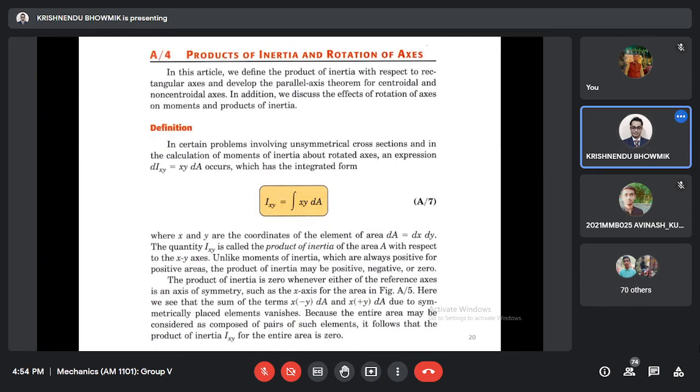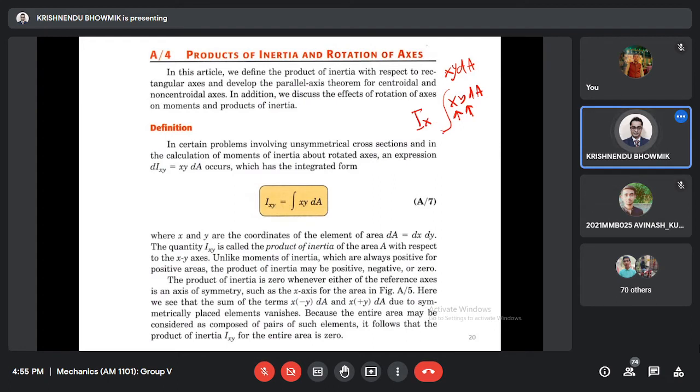Say for example, I have cross section A. Take one moment with respect to x-axis, and the second time take another moment with respect to y-axis. So when you are taking x-axis, you are getting y. With respect to y-axis, you are getting x. This is the distance, correct? Do the integration in a similar way.